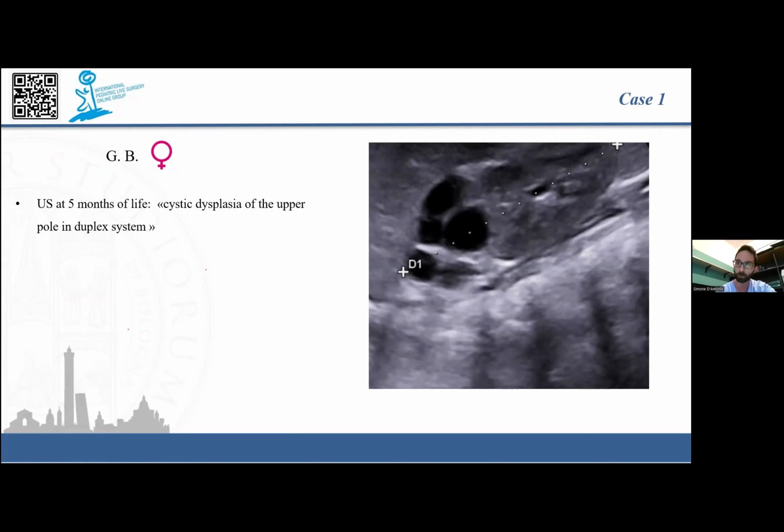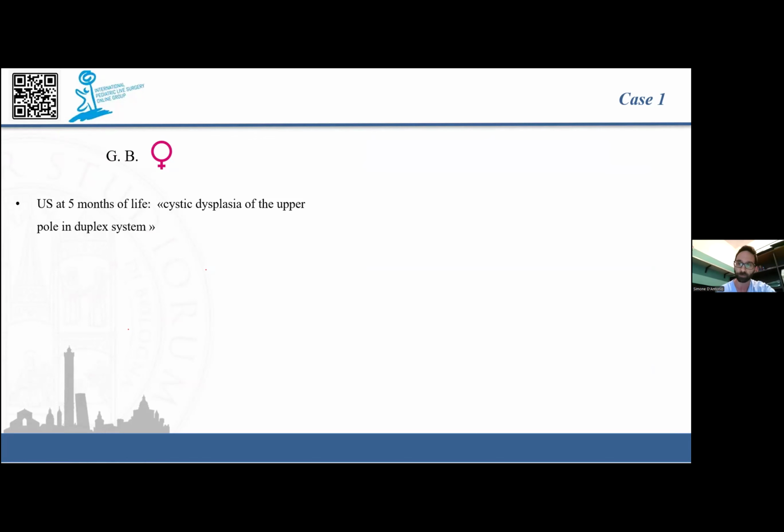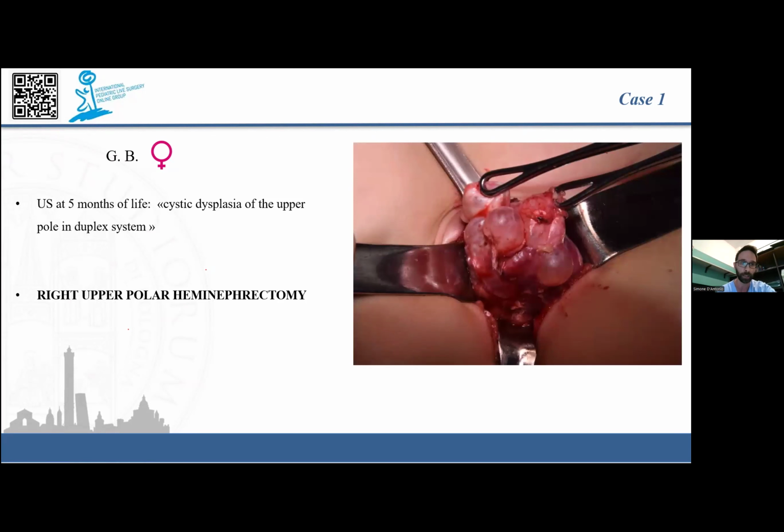Due to this condition, and to avoid impairment of the remaining healthy right kidney, we scheduled the patient for a right upper polar heminephrectomy by a video-assisted approach.